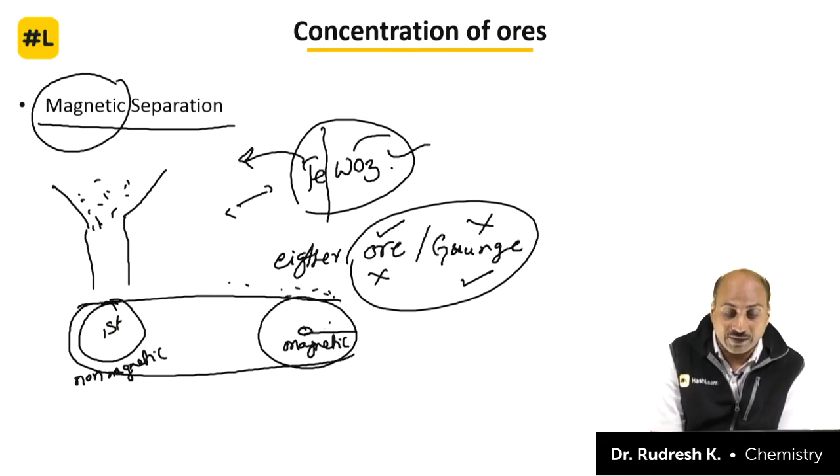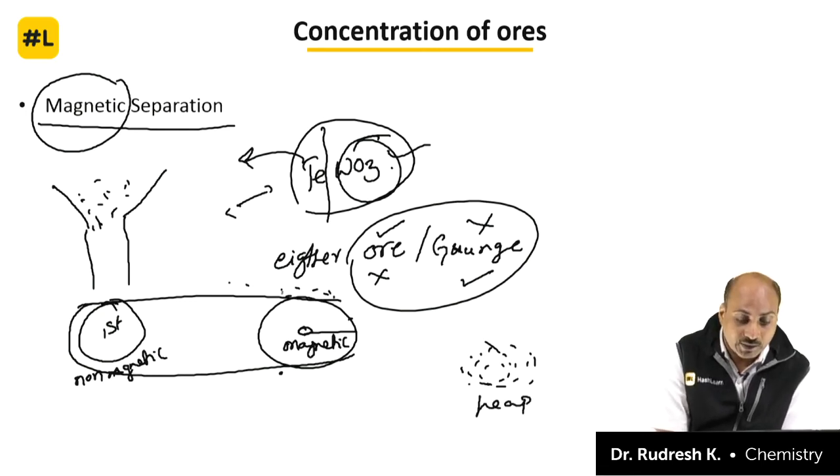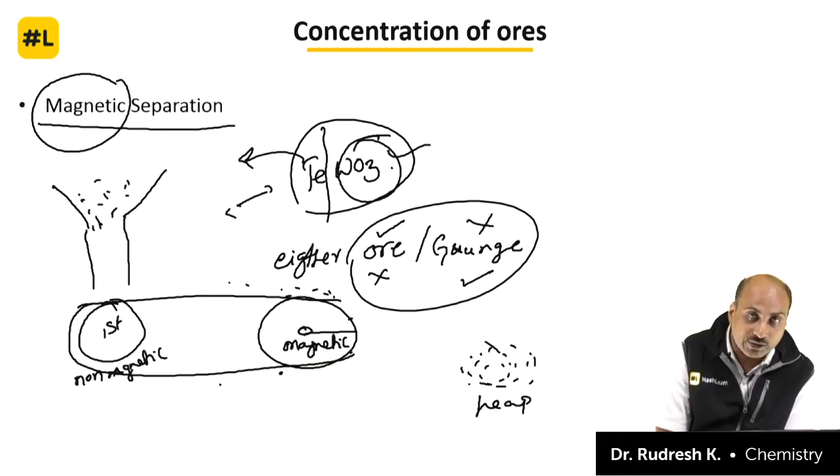the magnetic material will stick onto the rolling belt, whereas the non-magnetic component, here tungstate, will be collected over here. Because it is non-magnetic, once it goes out of the magnetic field, it is thrown away, thereby collecting as a separate heap. Similarly, the magnetic material attached to the belt sticks as long as there is the magnetic field. Once the magnetic field goes off, it automatically collects at the other end of the process.